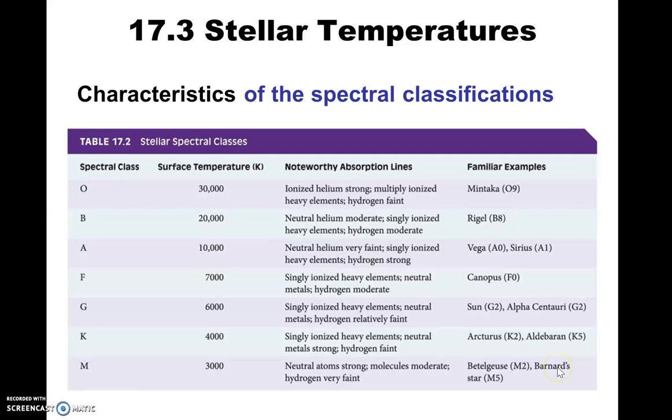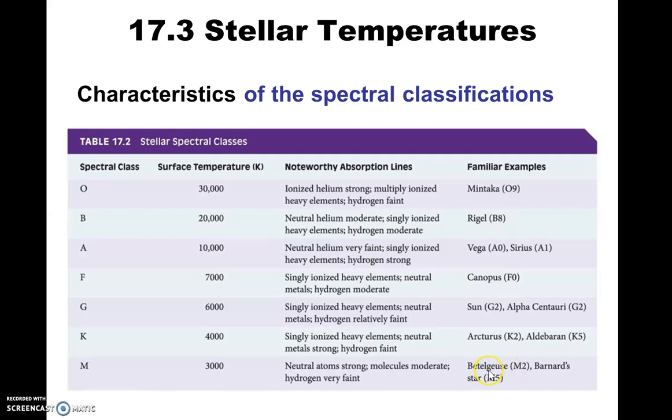Betelgeuse and of course Barnard Star. Barnard Star, by the way, just happens to be the second closest star system to us, but it's a very, very dim star. You have to have a pretty large telescope to be able to see Barnard Star. Betelgeuse, however you want to pronounce it, is a very bright red star. It's the one in the upper left-hand side of the constellation Orion.